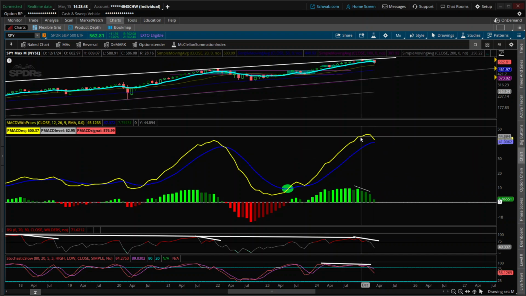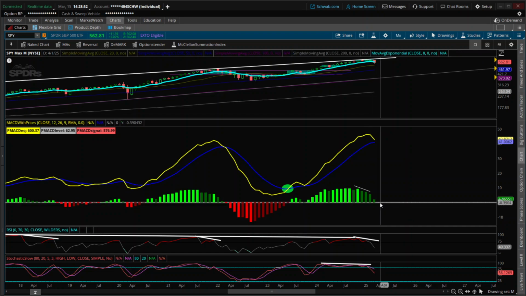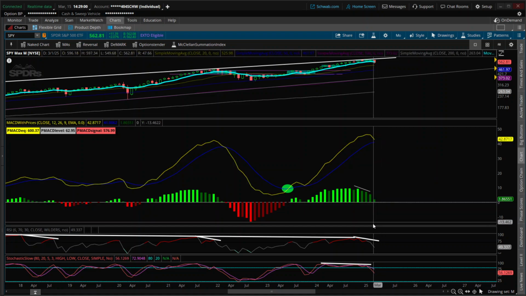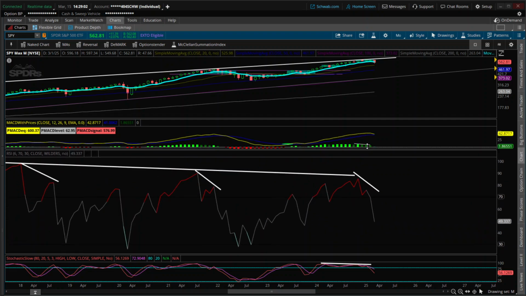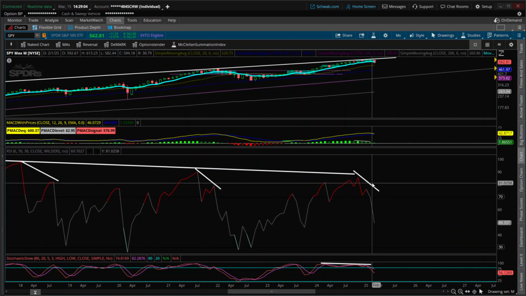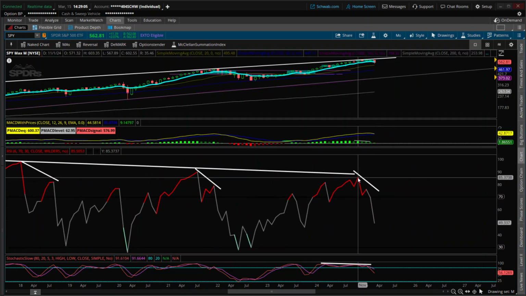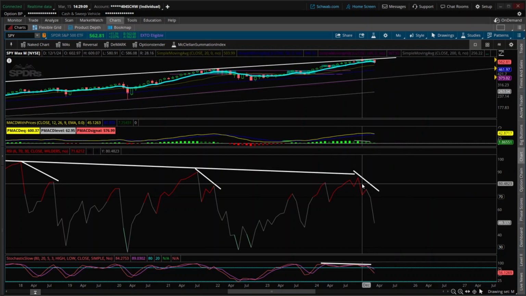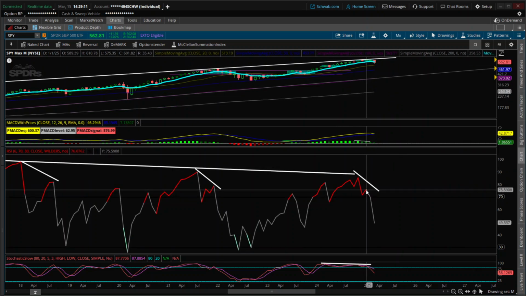And so we're looking at this making a crossover here pretty soon. I would imagine getting a month or two of negative red bars, and then we'd probably get our crossover. That'd be our sell signal on the MACD. We don't have that yet, but getting really close. And on the RSI, we had the negative divergences, made new highs on the market, and made lower highs on the RSI.